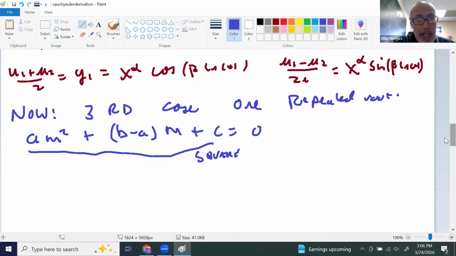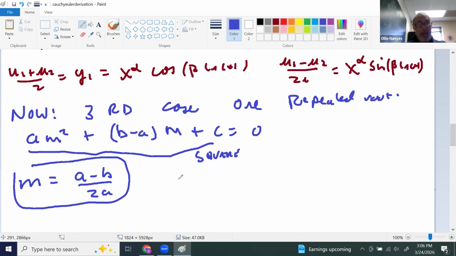So the root m is minus (b minus a) over 2a. So there's your single root. And we also know (b minus a) squared has to equal 4ac, because what's under the radical has to be 0.